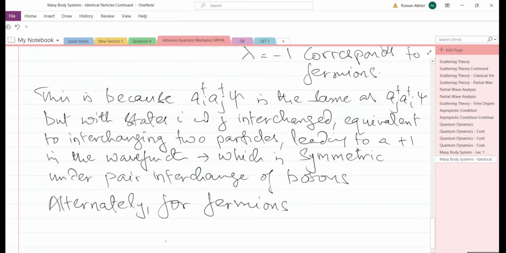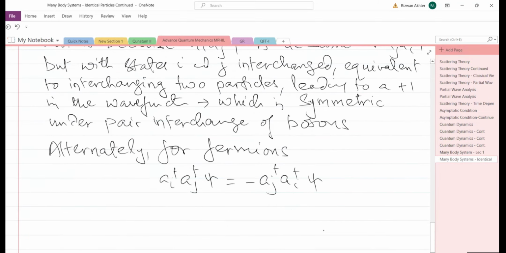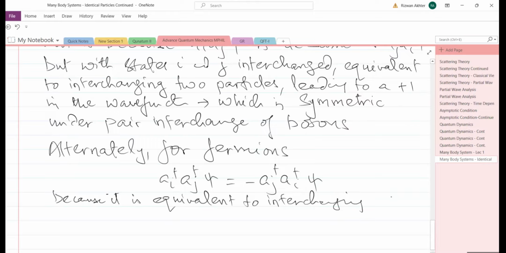fermions, A_i dagger and A_j dagger acting on psi is equal to minus A_j dagger, A_i dagger acting on psi, because it is equivalent to interchanging two particles, which would lead to a minus sign with the wave function, and that corresponds to an antisymmetric state.